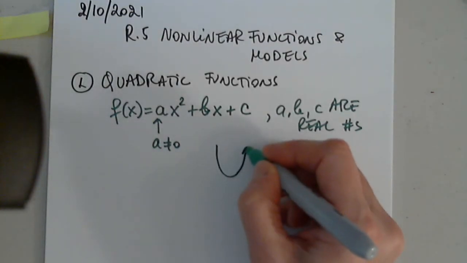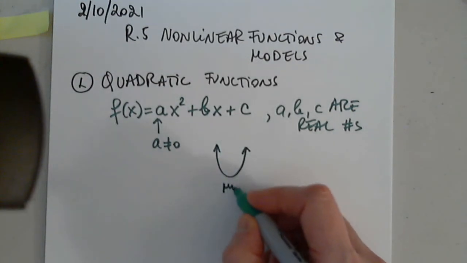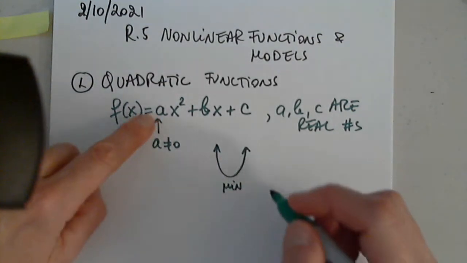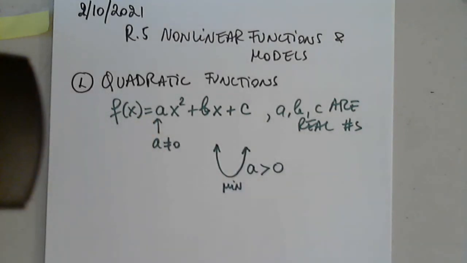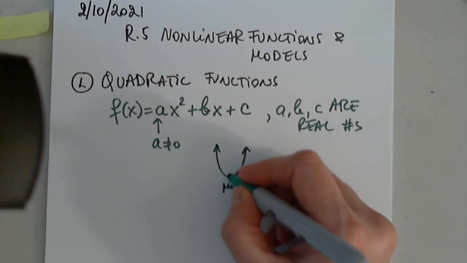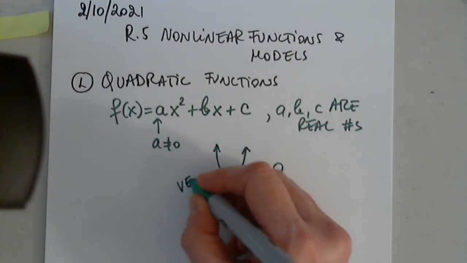A quadratic function either looks like this, having a minimum, in which the leading coefficient is a positive number. This point, which is the minimum, is also called the vertex.